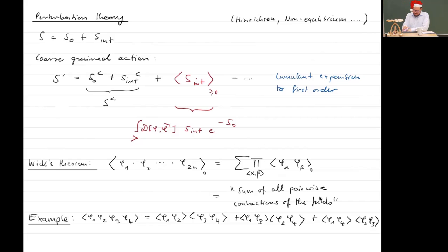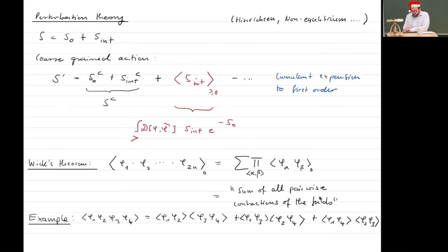So plus the average expectation value of this interaction part of the action, evaluated in the momentum shell and in the context of the free action that only has the Gaussian term. So that's what we see here. And then there are higher order terms.